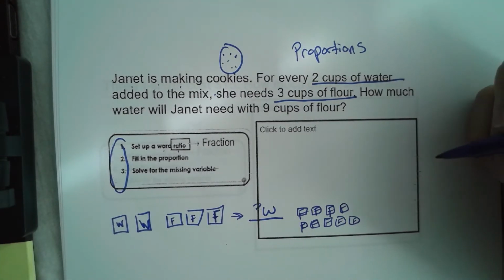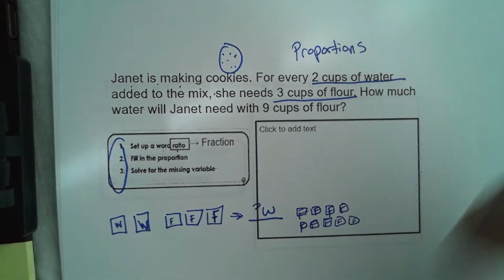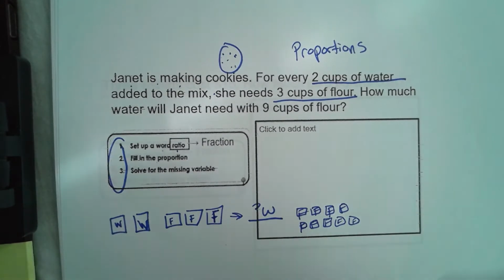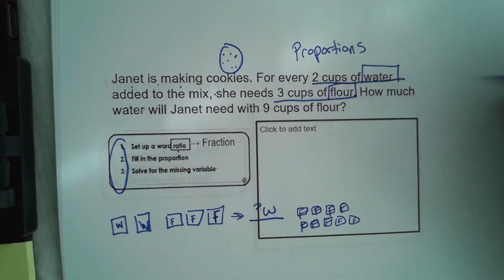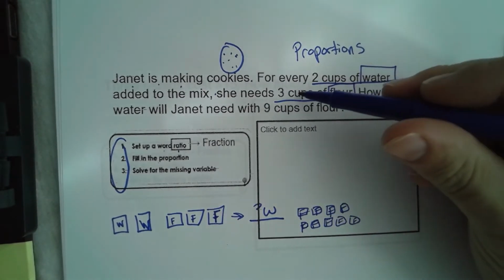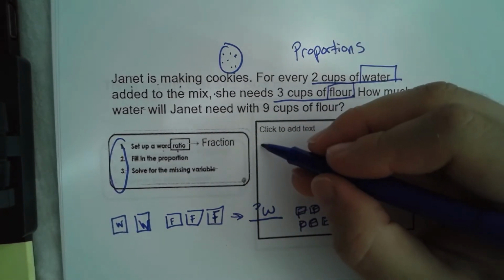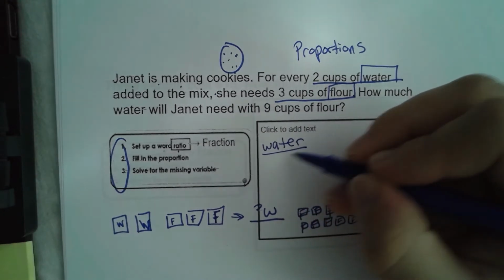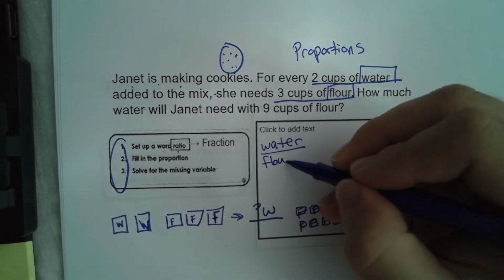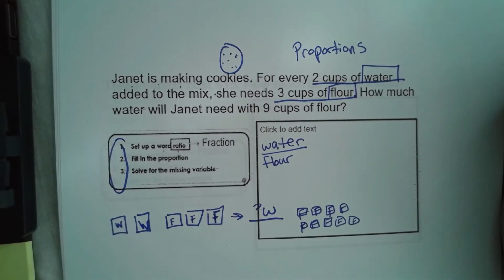Word ratio just means what two things are you comparing here. Here we're using water and we're using flour, okay? For every 2 cups of water, I need 3 cups of flour. So the word ratio is how much water you need for how much flour you need, okay?